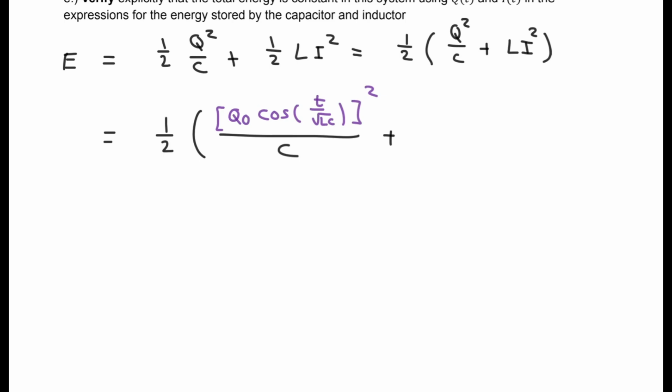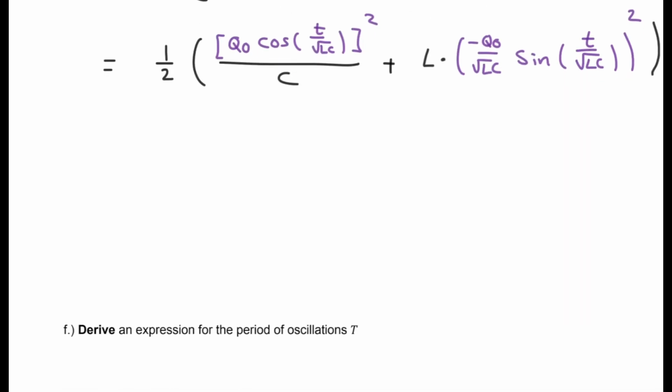And then the inductor has an energy L times the current squared, which was negative Q0 over square root LC times sine of t over square root LC. And we square that. So the fact that we have something being constant and sines and cosines showing up probably gives you an idea of what very famous trig identity is going to show up somewhere in the next few lines. So let's make sure that happens.